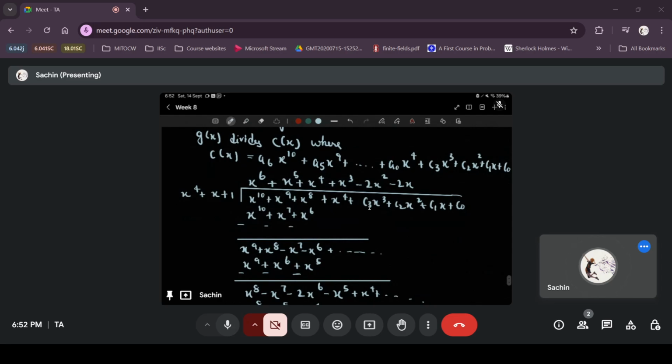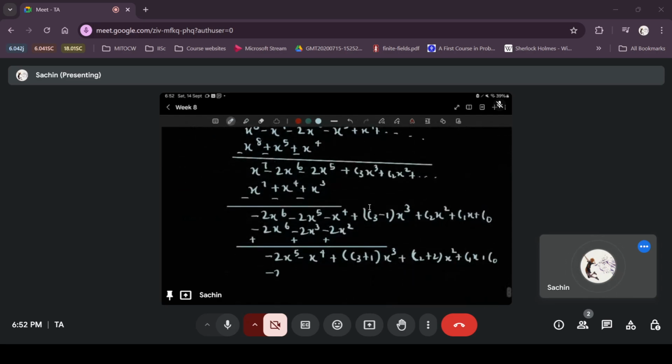Minus 2x gives you minus 2x^5 minus 2x^3, minus 2x.